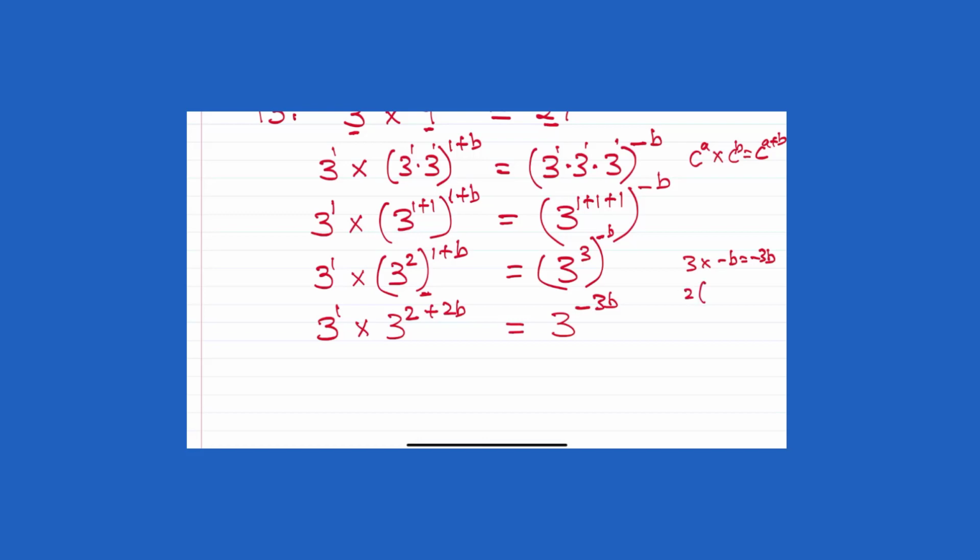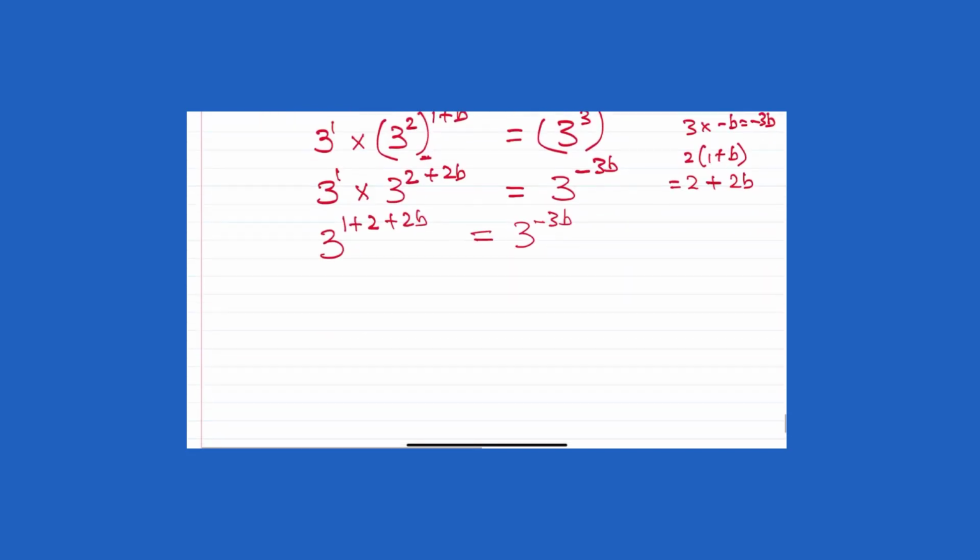And 2 times 1 plus b will be 2 times 1 and 2 times b. So this will now become 3 to the power of 1 plus 2 plus 2b equals 3 to the power of minus 3b.